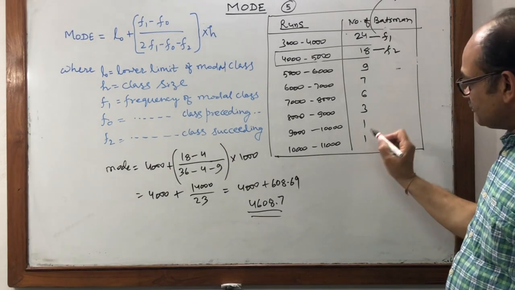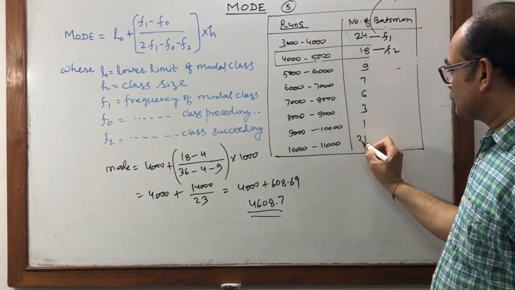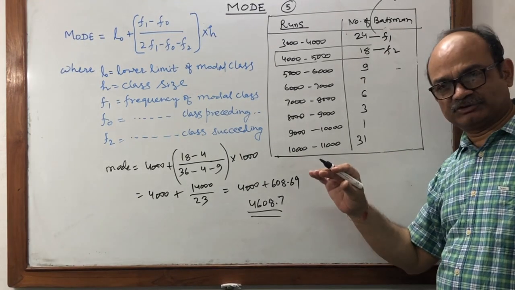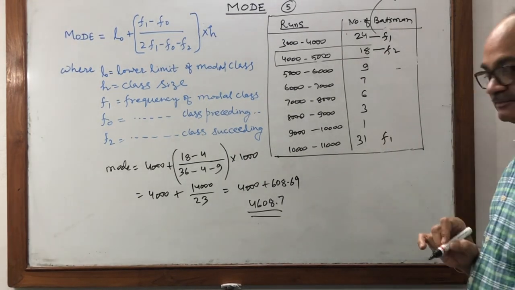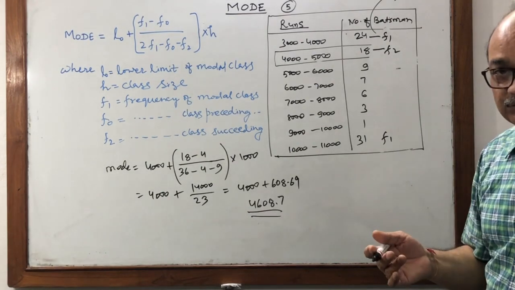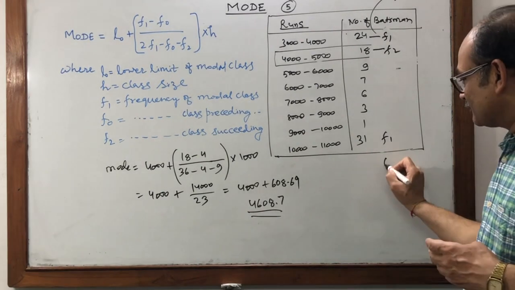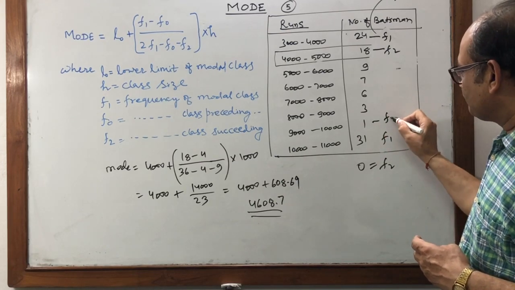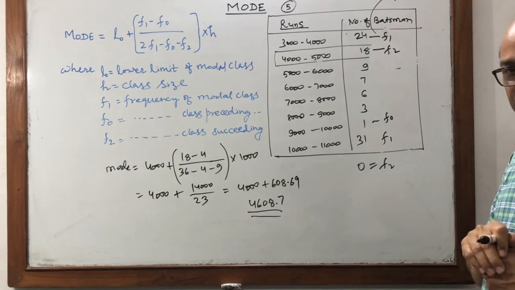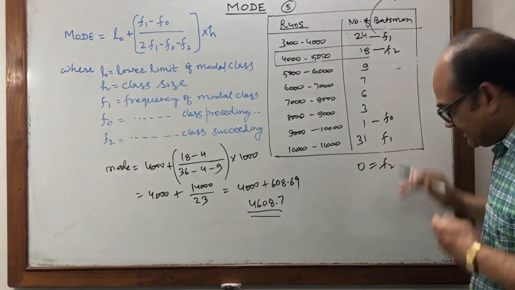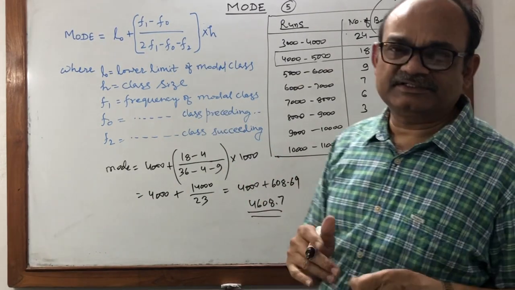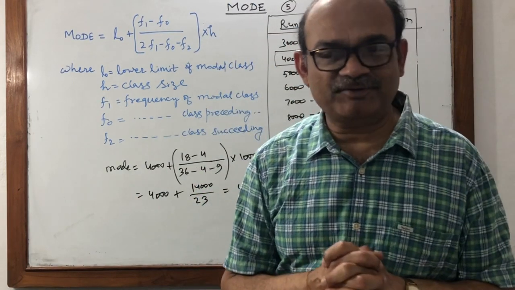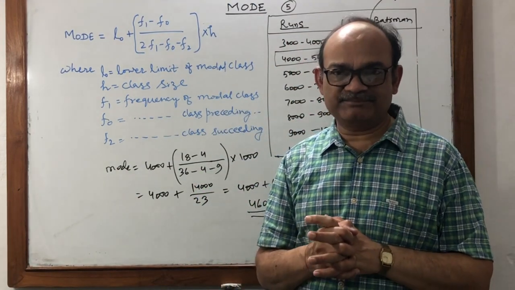Second case, sometime here, by the way, 31. Highest 31 in the last row. Then this is F1. What is F2? Beyond the limit. So F2 is 0. So whenever the things out of our range, not inside the table, then we have to put 0. This is the important point for this mode type questions.